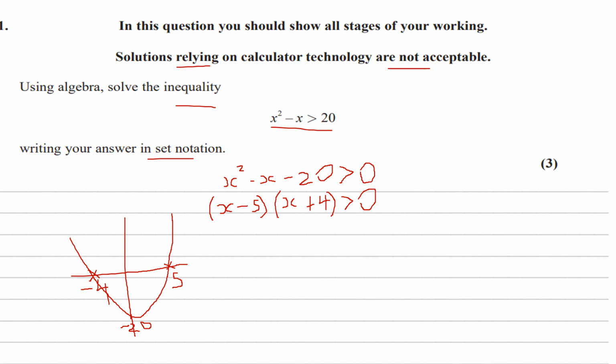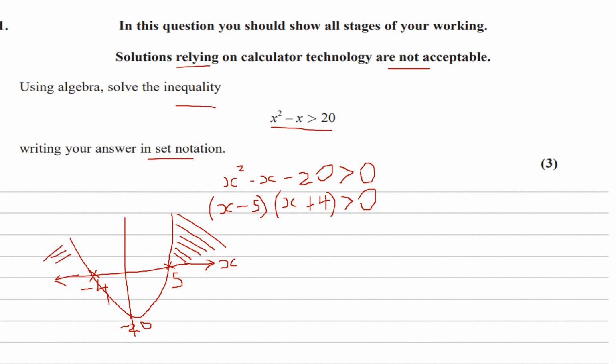Now it's saying when is this curve above 0? So when is this curve above the x-axis? Remember that this is my x-axis. So solving this, it's above the x-axis here, and it's above the x-axis here.